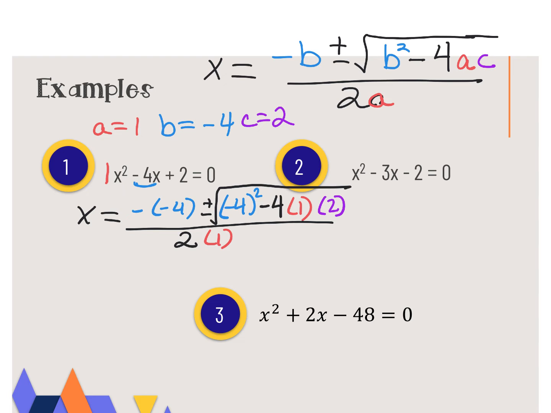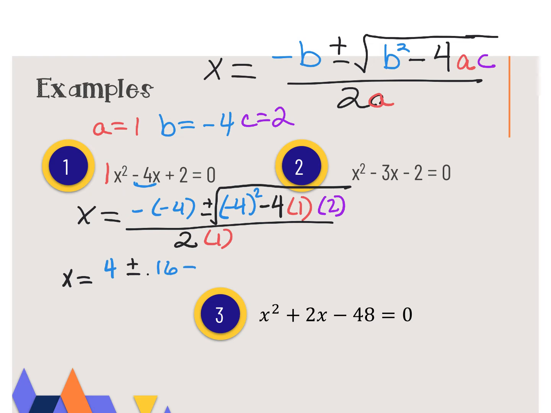Now that I've replaced all of the variables, I'm going to follow order of operations. So again, that first negative b is really just saying the opposite of b. Since b initially was positive 4, this is going to turn into negative 4, and this turns into positive 4. And now I'm going to simplify what's underneath the square root. Negative 4 squared gives me 16.